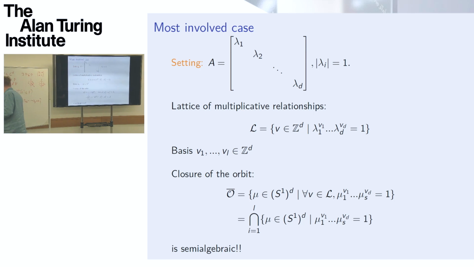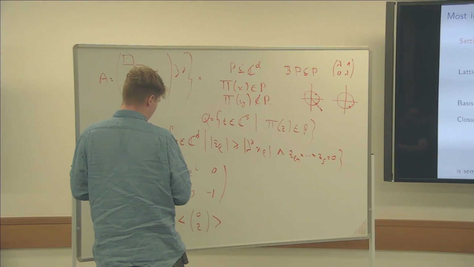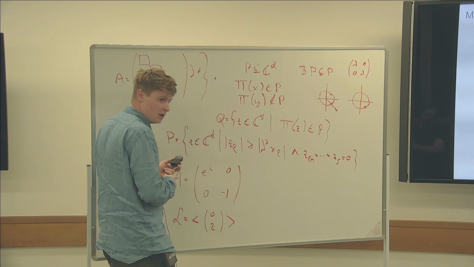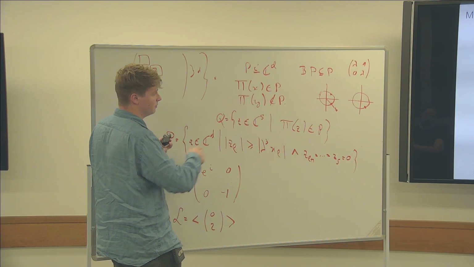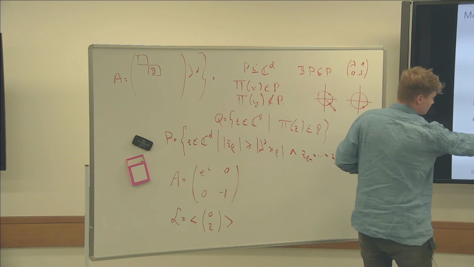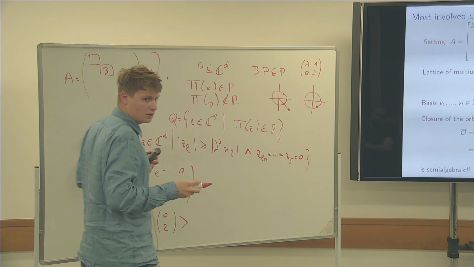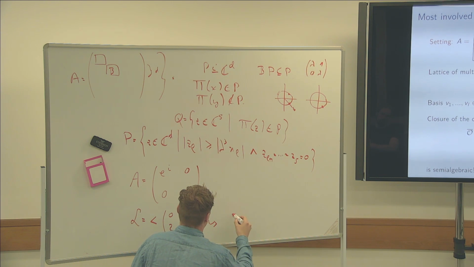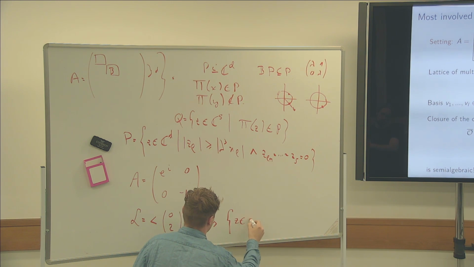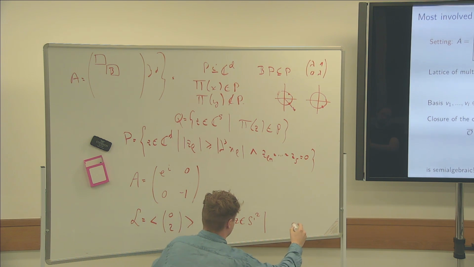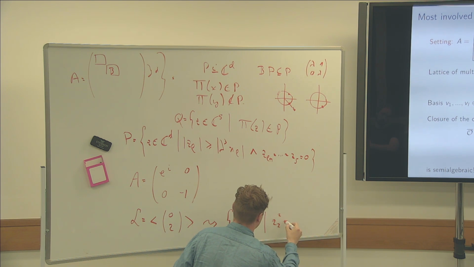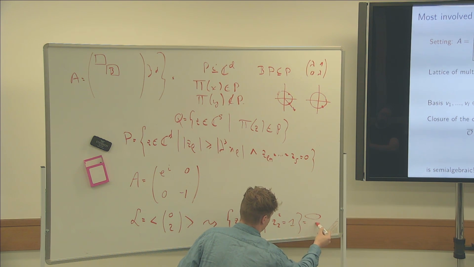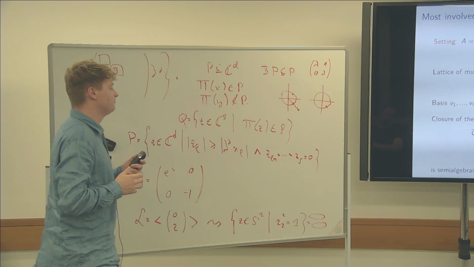So for instance, in this example, the multiplicative relationship is just that the square of the second coordinate is 1, okay? So this gives me 2 circles. This gives me the set Z in (S^1)^2 such that Z2 squared is 1. Okay, so these are two parallel circles, right?